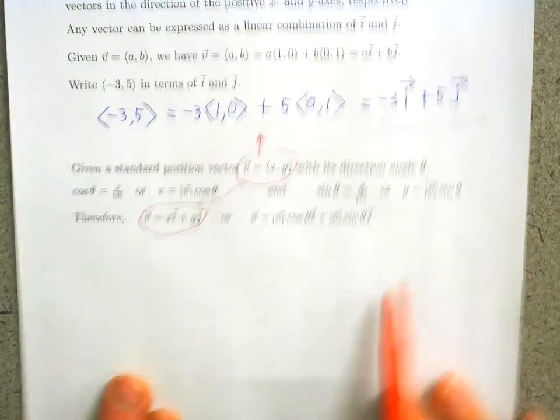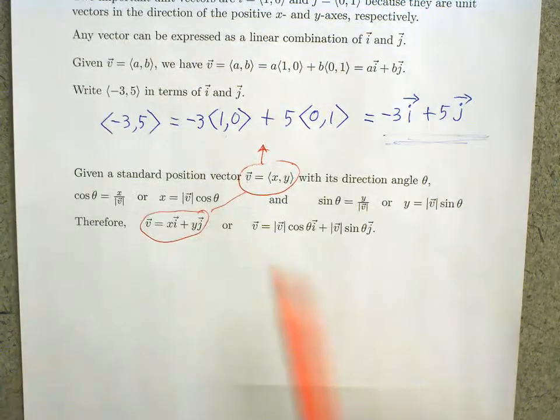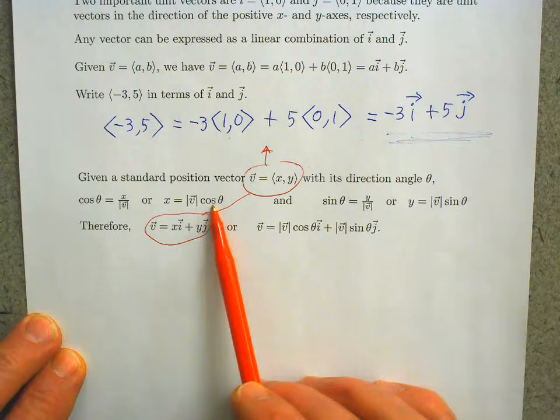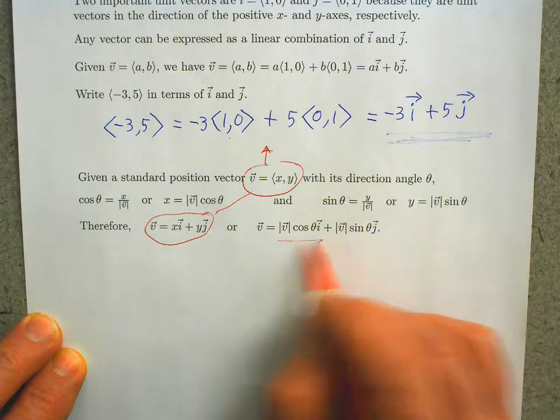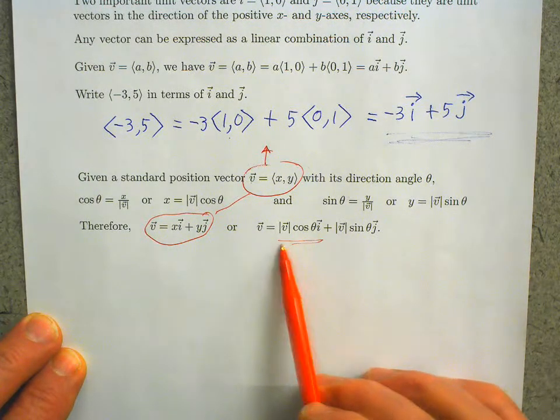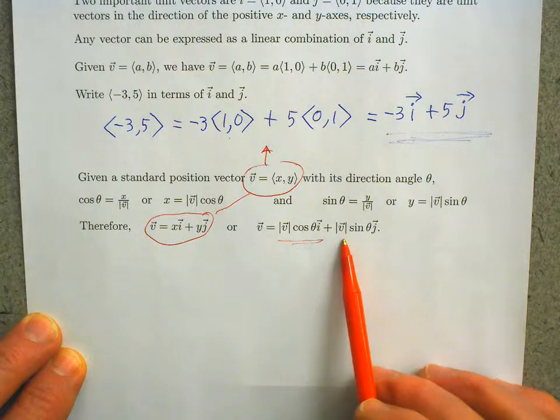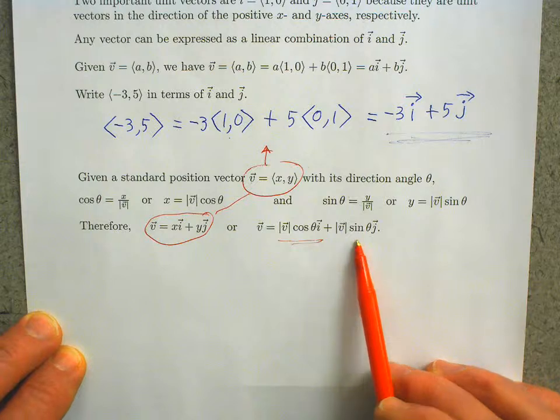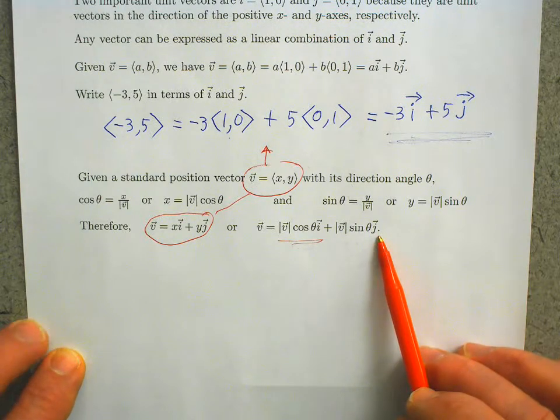And then if you want to replace x with the length of vector v times cosine theta, you get this part, and then plus the y component, the length of vector v times sine of theta, times vector j.